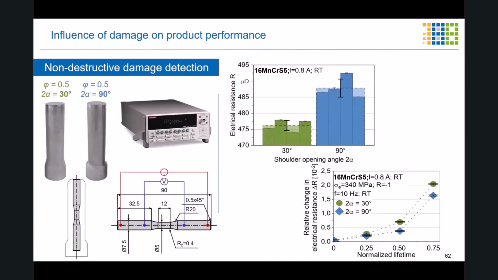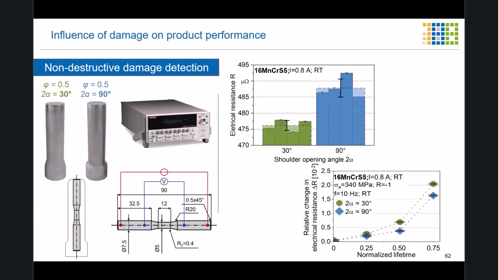Also, another system that is currently used is resistometry based. This is a nanovoltmeter measuring system in combination with a source measuring unit, which has a much higher reproducibility and accuracy in comparison to conventionally used direct current potential drop measurement systems.